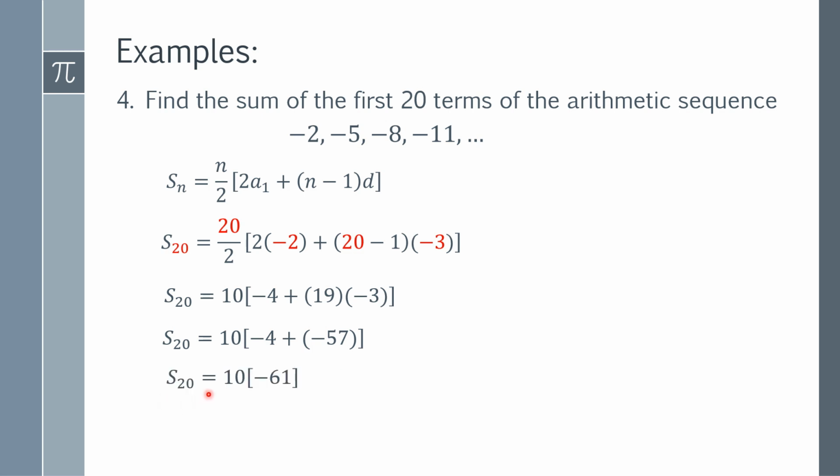Next, S sub 20 is equal to 10 times negative 4 plus negative 57, so we will have negative 61. And lastly, 10 times negative 61 will give us negative 610. And that is the sum of the first 20 terms of the given sequence.